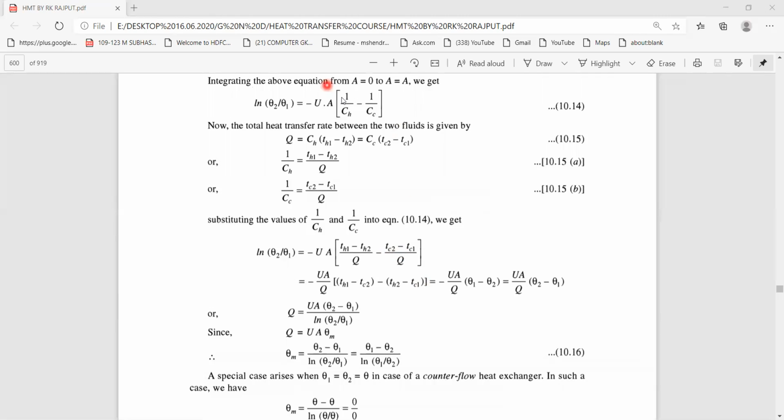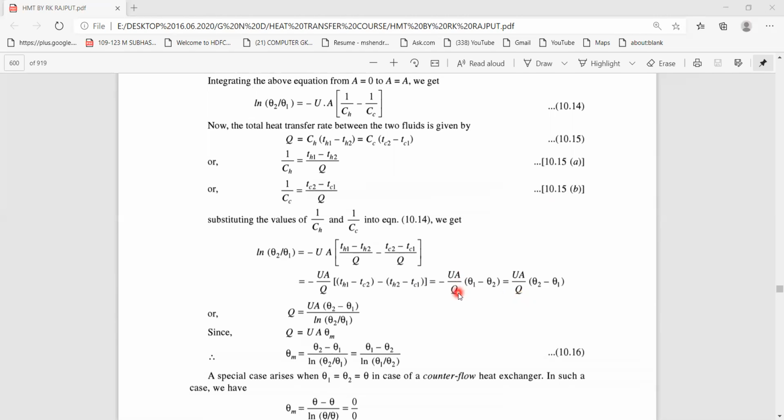To avoid any confusion, we have to take the bracket here, which will be more convenient for you. Upon opening the bracket, you will get a plus Tc1, as we are taking the minus sign outside the bracket. Now minus UA by Q into, instead of this difference, we can write theta 1 and here theta 2.